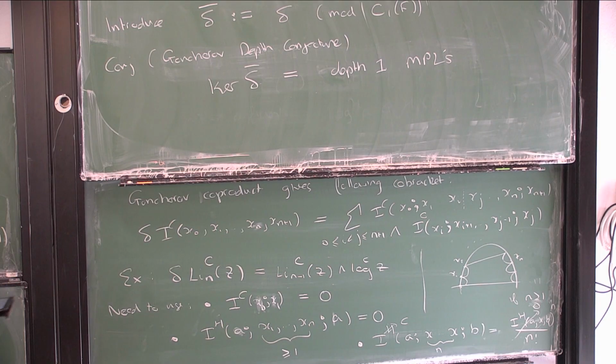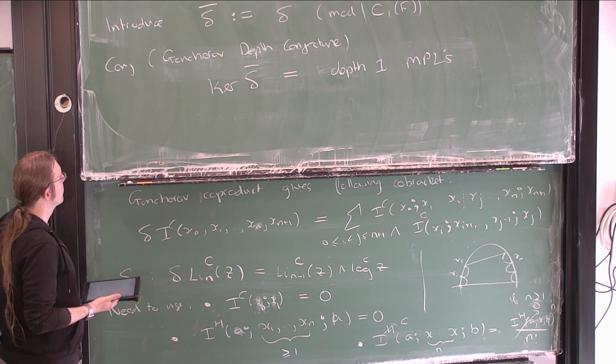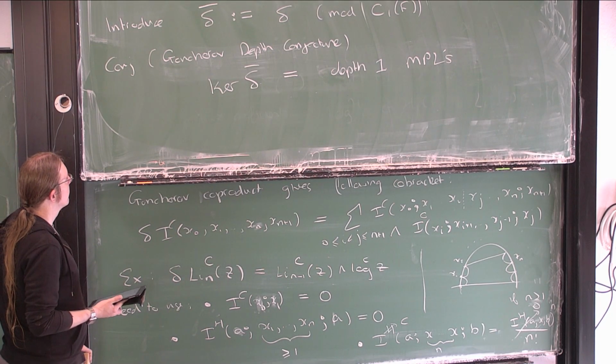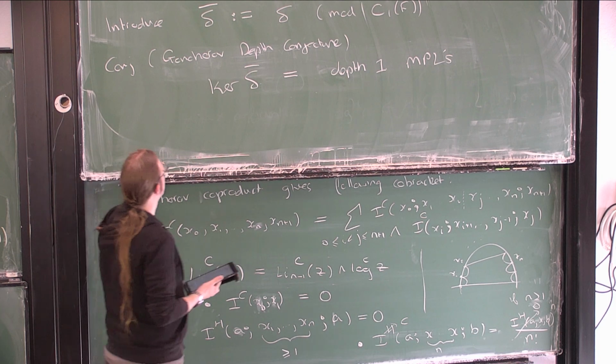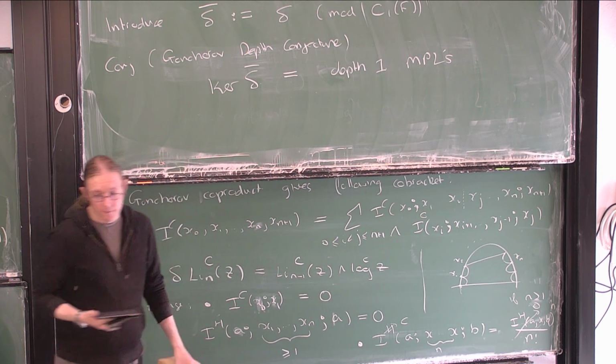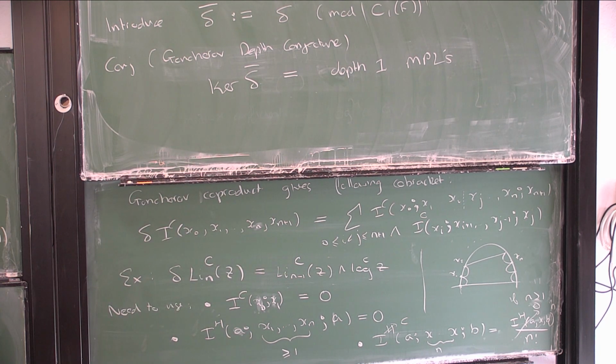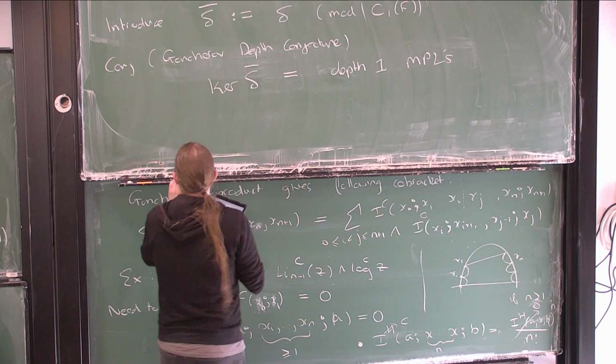I mean, you mod out by C1 and you get out that the kernel is C1. I'm not quite sure I understand the conjecture. Maybe precisely.